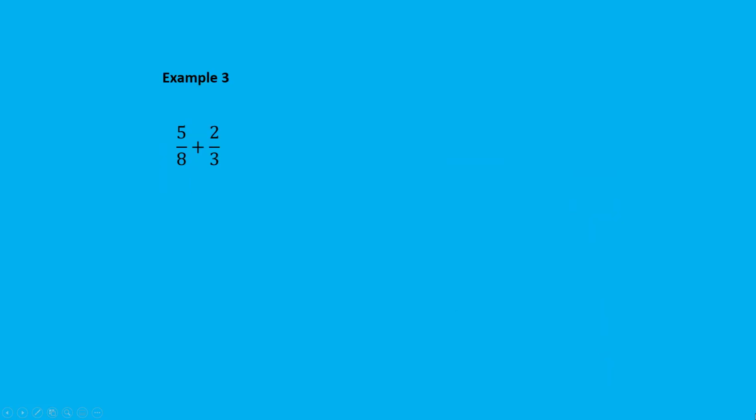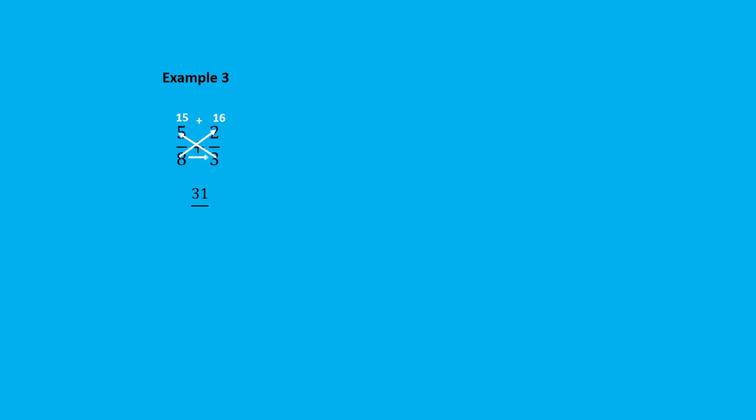Example 3, what about 5/8 plus 2/3? If you look at the denominators, 8 and 3, do they have anything in common? No, there's no common divisor. Therefore, we'll probably get an answer that does not need to be simplified unless you want to change it to a mixed fraction. So in this case, 3 times 5 is 15, plus 8 times 2 is 16, gives us 31 in the numerator.